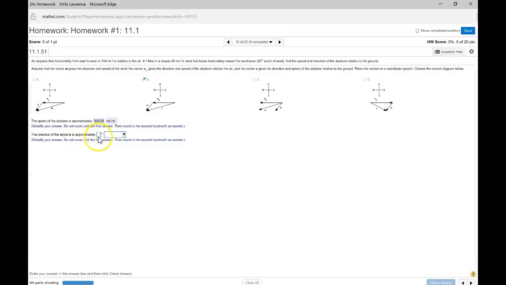And then the direction of the airplane, I'm not going to type a number in yet. They do want you to attach a direction to it, so we don't have to change the 5.57 because it's 5.57 south of west. South of west is what puts us in quadrant 3, so we don't have to add the 180 to put us in quadrant 3.